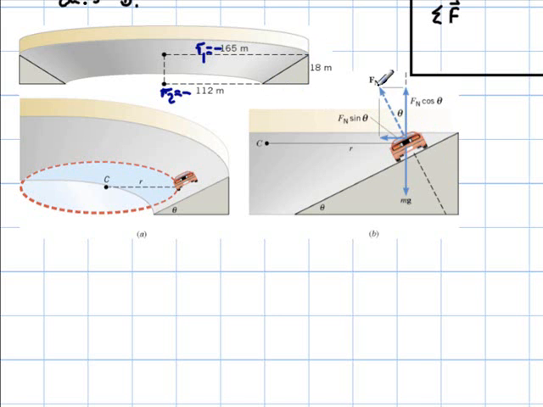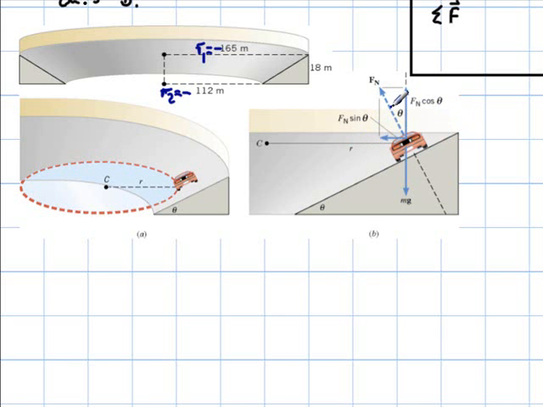Then the horizontal component of the normal force is supplying that centripetal force, and notice that at this point the car is circling around to the left, so that normal force is pointing to the left, and therefore that radius also needs to point to the left and be negative.